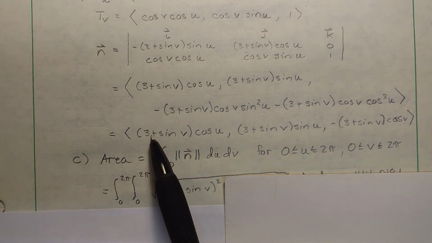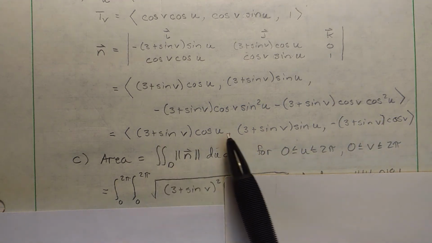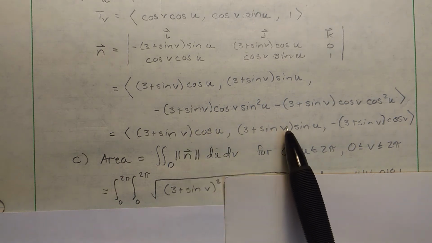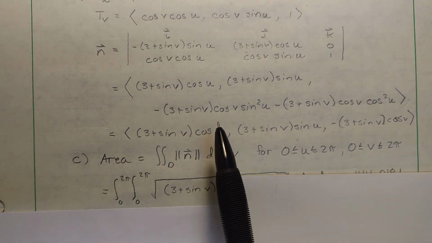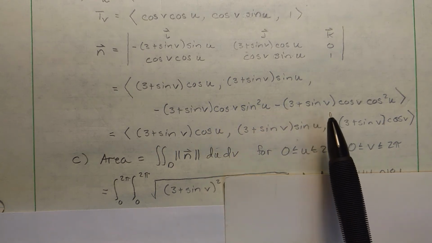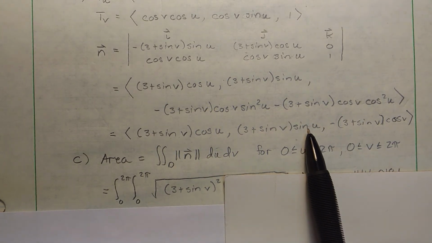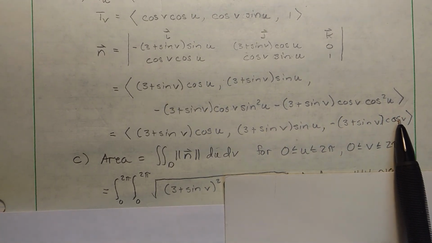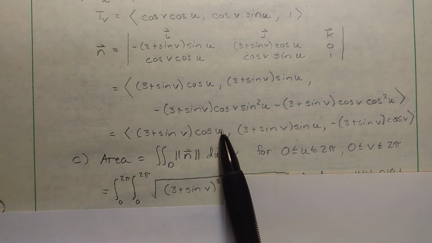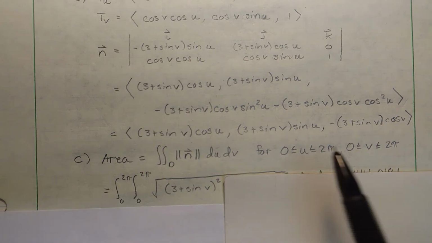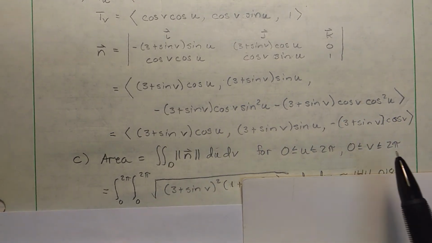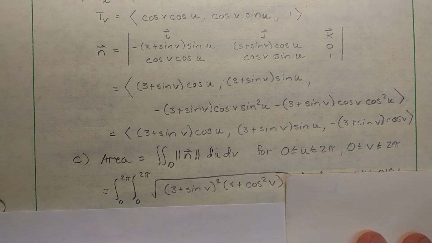So I'll just factor out that 3 plus sine v squared out of each. And then what I'm left with is a cosine squared u plus a sine squared u plus a cosine squared v. Well, this cosine squared u plus sine squared u is just 1, so it's left with a 1 plus a cosine squared v.